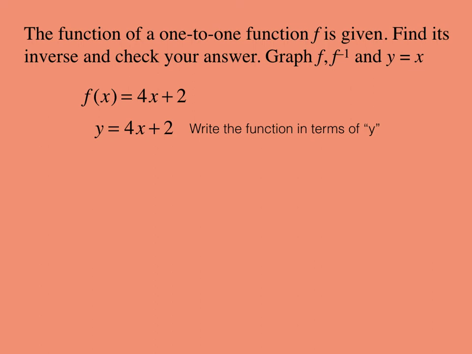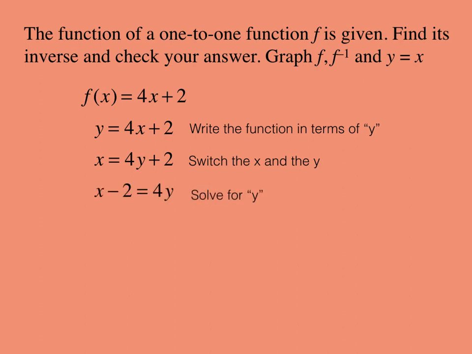Now because we want the inverse, we want to switch the input and the output. So we will switch the x and the y in this equation. Now we're going to solve for y by subtracting 2 from both sides. And to solve for y, we're going to divide each of the terms in this equation by 4. And we'll just rewrite it because this is a linear function. We'll put it in slope-intercept form. So the inverse of the original function will be 1/4 x minus 1/2.